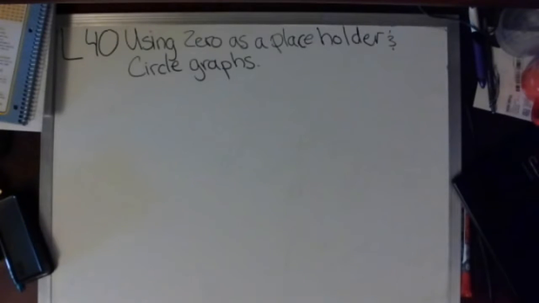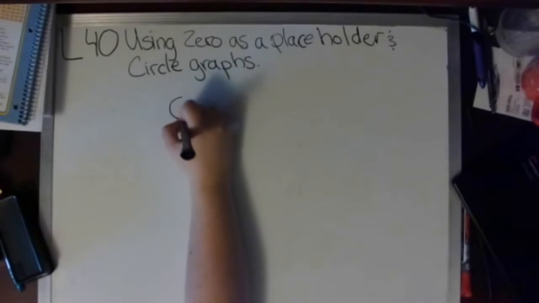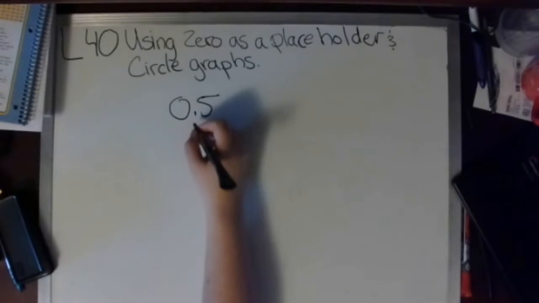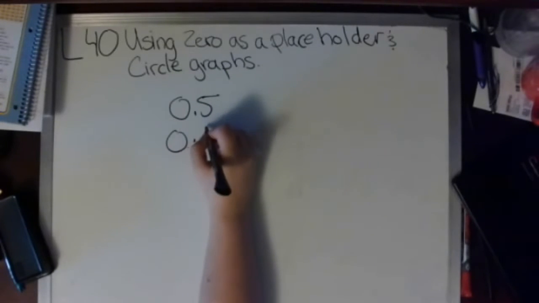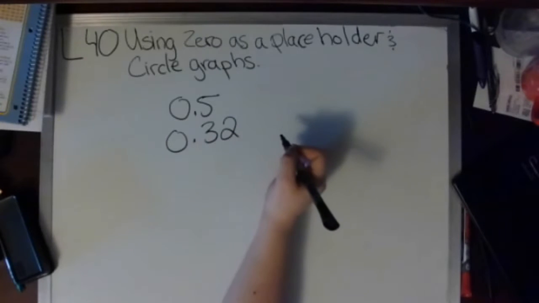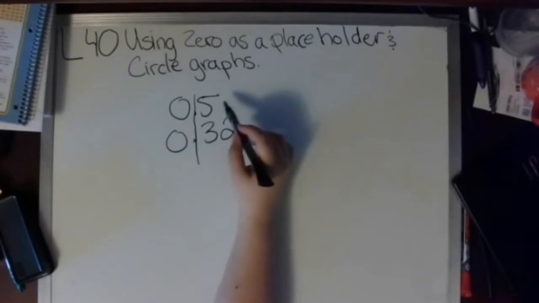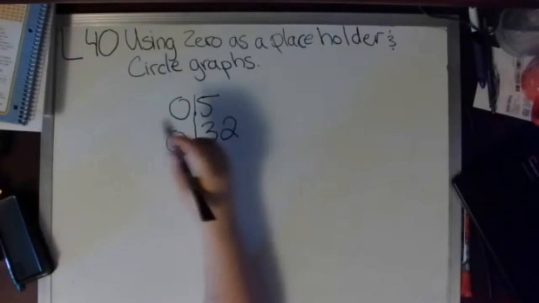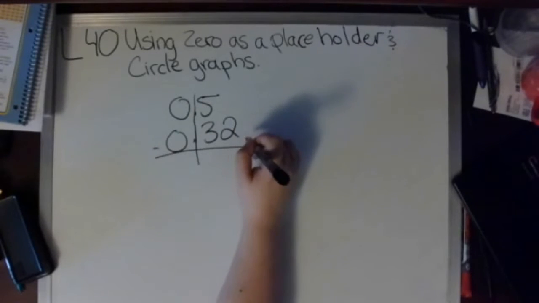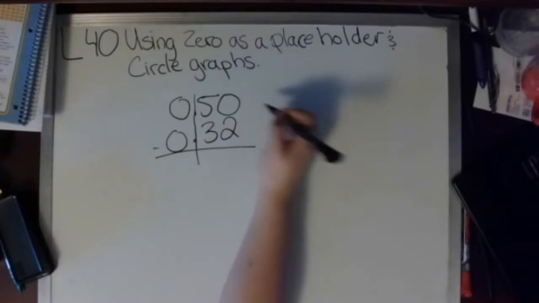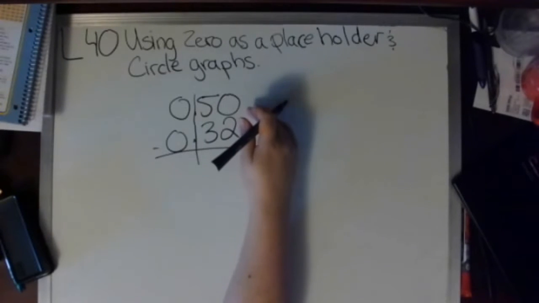What they're talking about when they're talking about using 0 as a placeholder is, let's say we are subtracting 5/10 and 23/100. Okay, I've lined up my decimals. Instead of leaving this place blank, like they have been in the book that I have not been showing you, they put a 0 here to show that it's just holding a place.